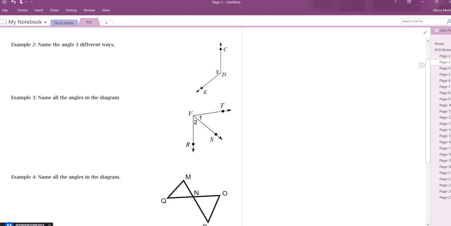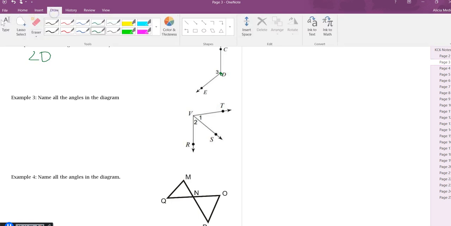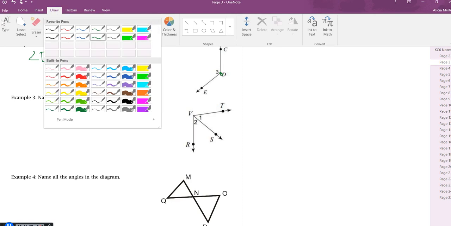So looking here at example number 2, it says name the angle 3 different ways. All right, so again, we see these 2 line segments. My vertex is in between only 2 lines. So I can say that this is just angle D. Right, that's one way to say this. I can also use my 3 letters, and I am gonna go ahead and kind of just write them in a different color.